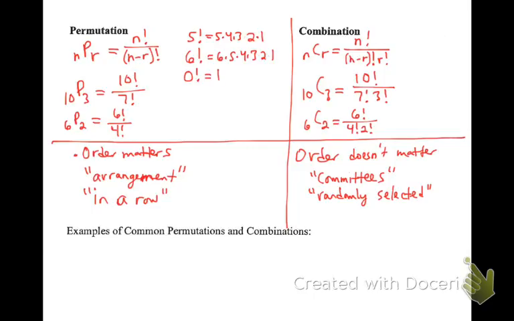So that's just the basics of permutations and combinations. Now there are some common ones that occur a lot. Okay. Now if r is equal to 1, meaning if you have something like 5P1 or 5C1, okay, that's just going to be equal to n, whatever the number is. So 5P1 will be 5, 5C1 will be 5.